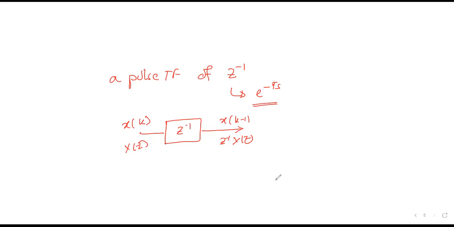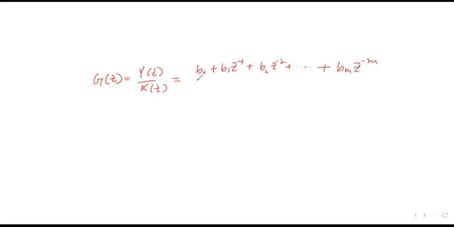Now, if we have a generalized form of the pulse transfer function, that is G(z) equal to Y(z) output by input, with b0 plus b1 Z inverse plus b2 z to the power minus 2, goes on up to, say, m number of zeros, so bm z to the power minus m, divided by 1 plus a1 z to the power minus 1 plus a2 z to the power minus 2, that goes up to an z to the power minus n.